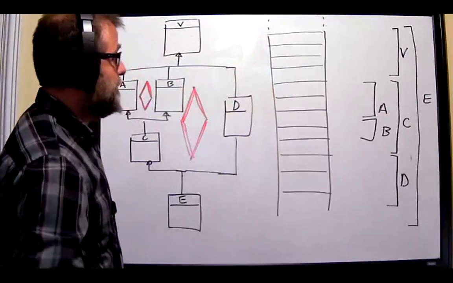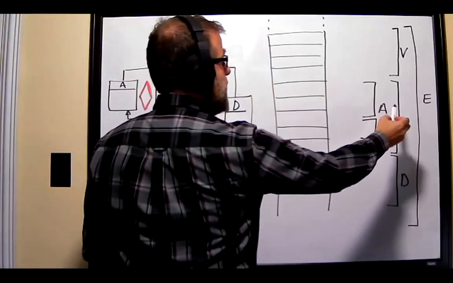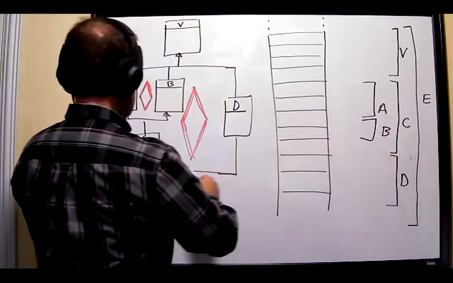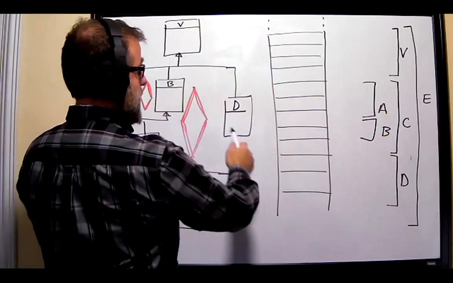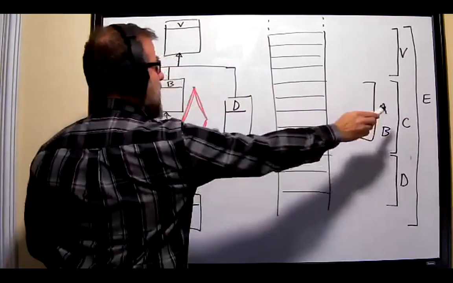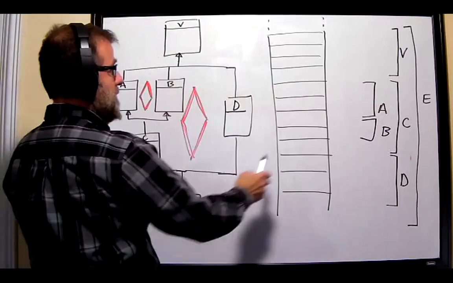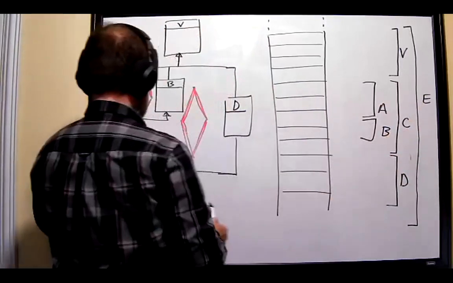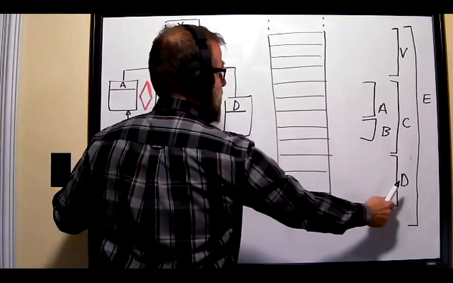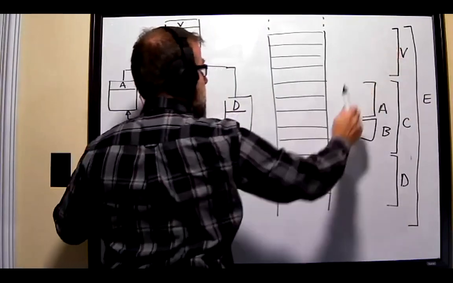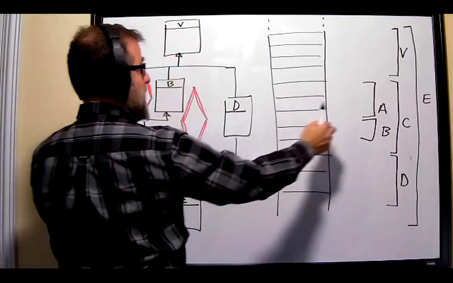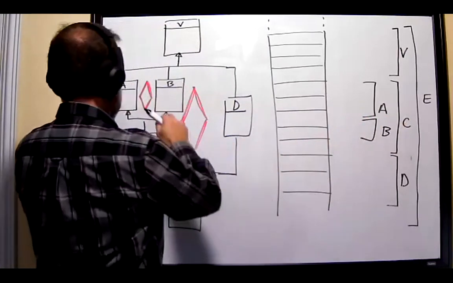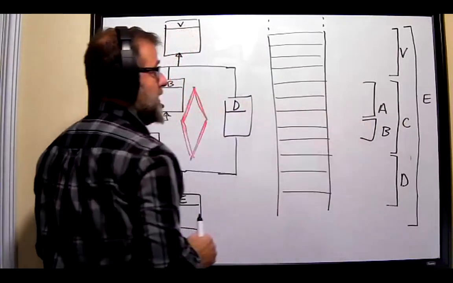Sorry about that. So E has a C part as well as a D part. I'm going to come back to that later. And then the C part of the E has an A part and a B part.